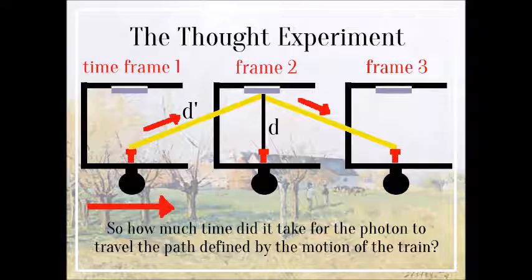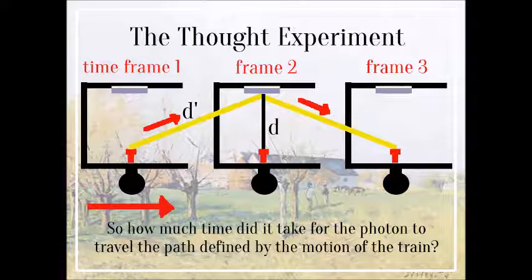Observe that the distance between the flashlight and the mirror has been preserved in this present vantage, but the distance of the path of the photon defined by the motion of the train has been elongated relative to this simple distance.